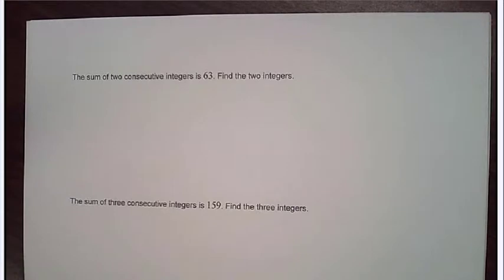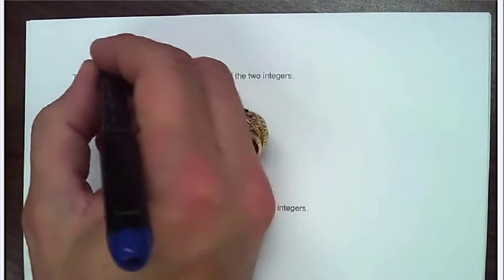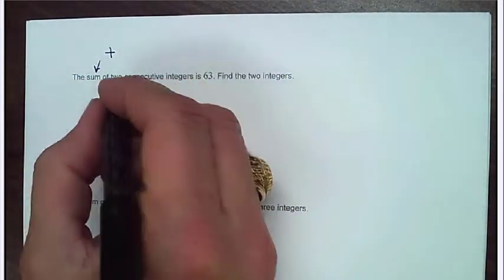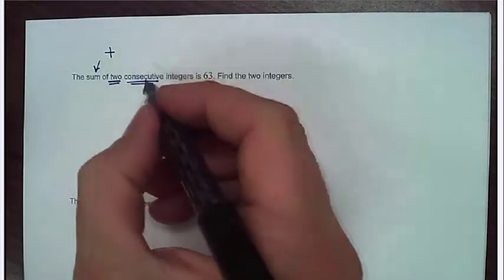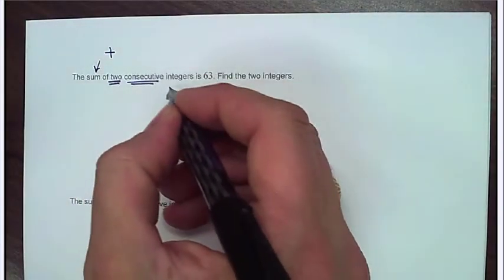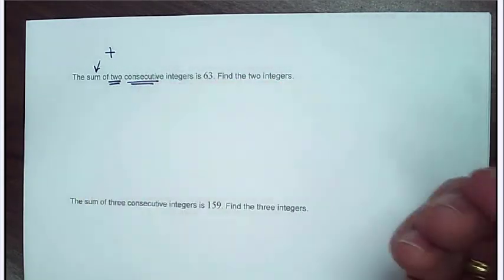Okay, so let's do a problem. The sum of 2 consecutive integers is 63. Well, remember, sum means addition. And we know we're looking for 2 consecutive integers. Well, remember, consecutive is n, n plus 1, n plus 2, n plus 3, etc., as far as we need to go. We only need 2.